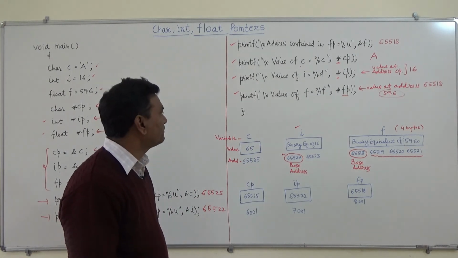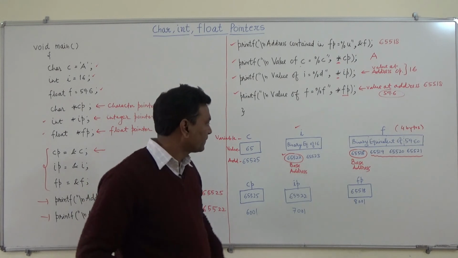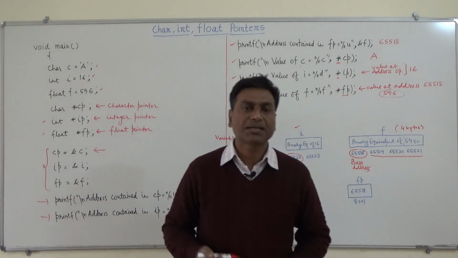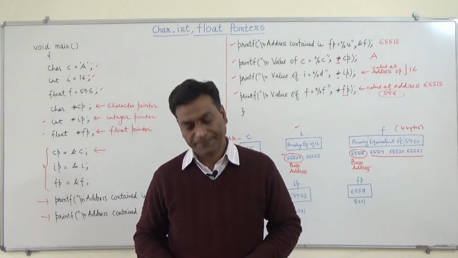So in this way we can print the different values. So these are the 3 pointers, that is the character pointer, integer pointer and float pointer.